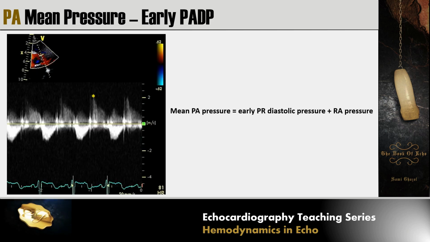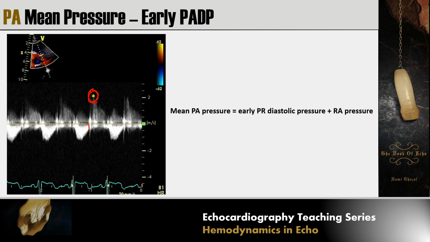Also, measuring the pulmonary artery mean pressure can be done by measuring the early pulmonary artery diastolic pressure. Now, it's not the end of diastole, it is the very early part of the diastole, once the diastole begins. So once systole finishes here and diastole begins, this is the mean pulmonary artery pressure.